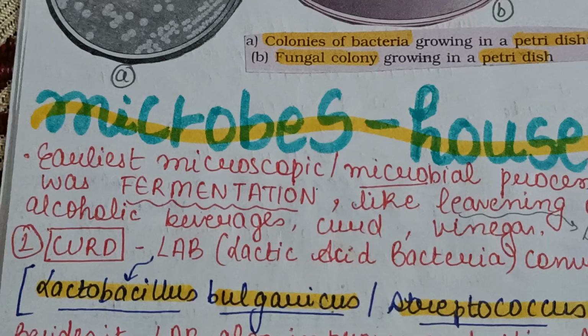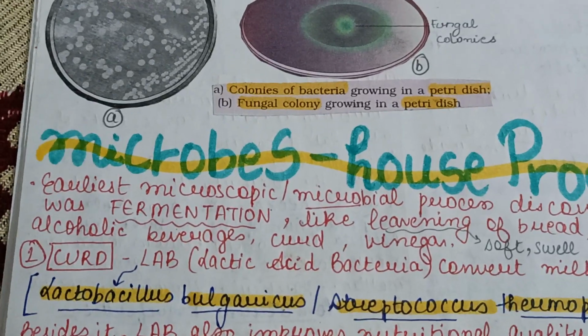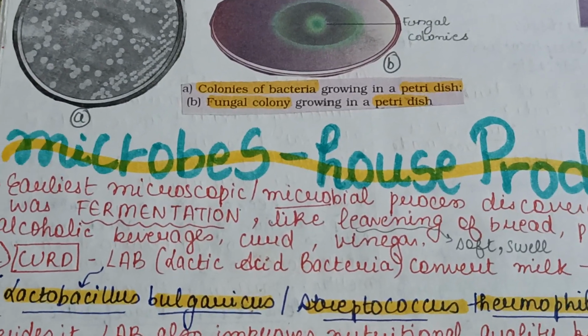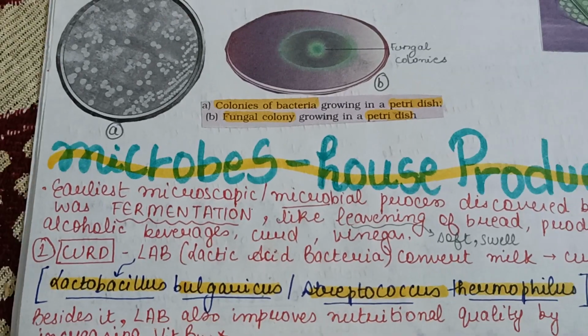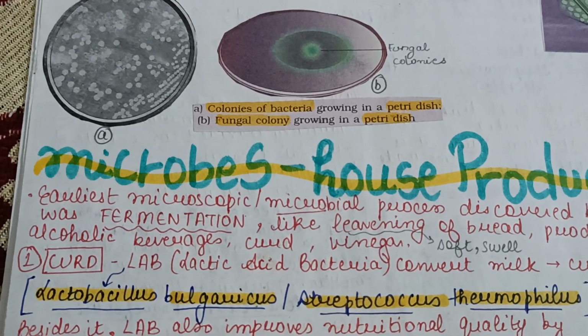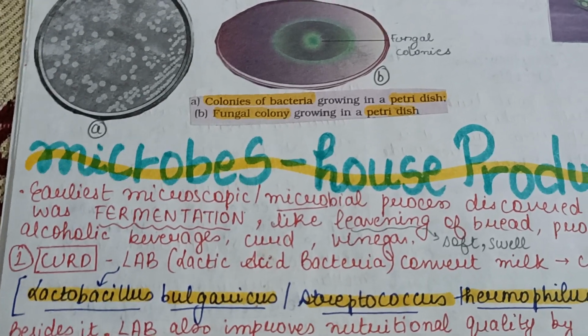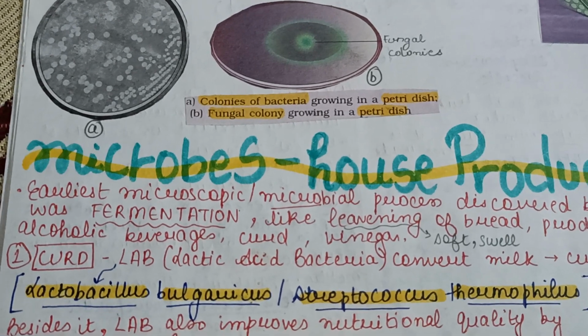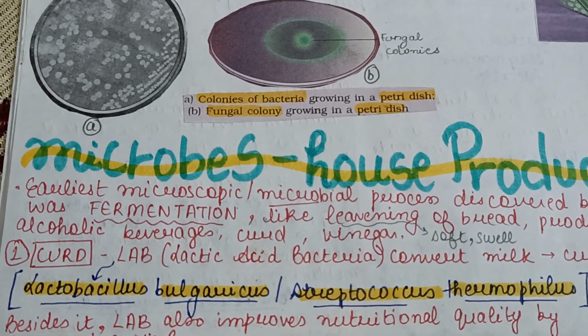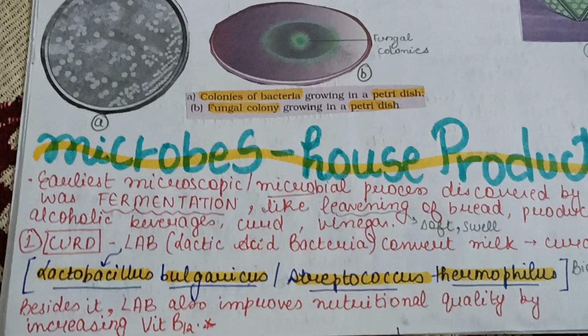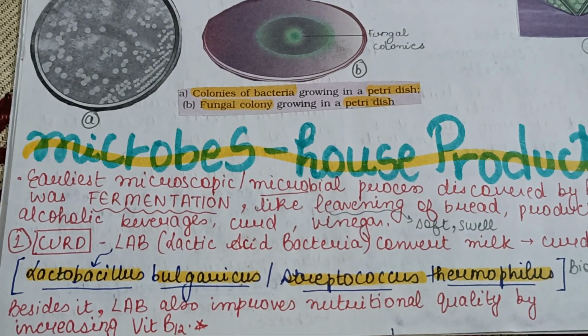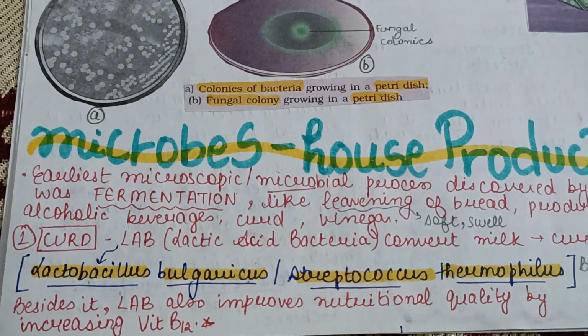For example, leavening of bread means softening or swelling of the bread, the puffing of bread. Okay, and then the alcoholic beverages, then curd, vinegar, etc.